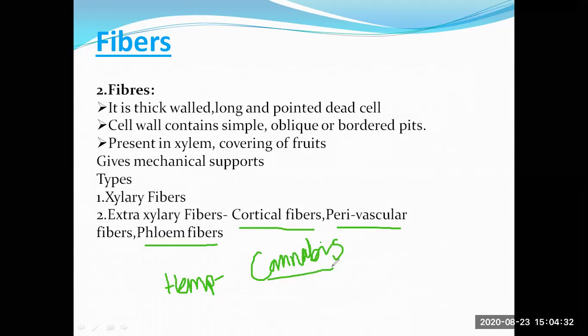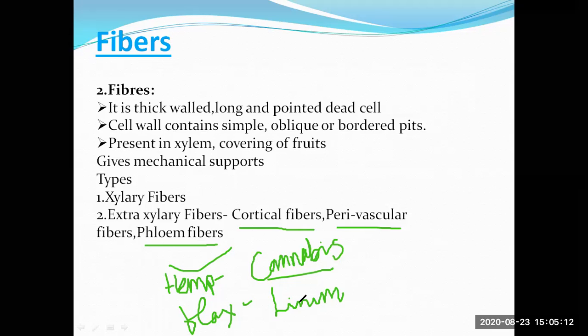The fiber obtained from Cannabis is hemp, and the second one is flax fibers. The name of the plant is Linum usitatissimum. This is a very long, heavy, cellulose-containing fiber which we find in hemp or in flax, that is Linum usitatissimum.